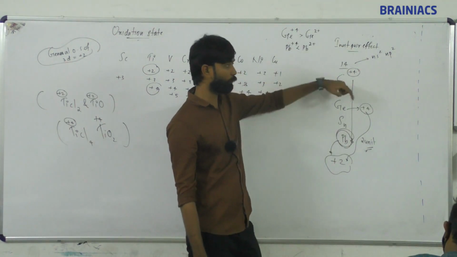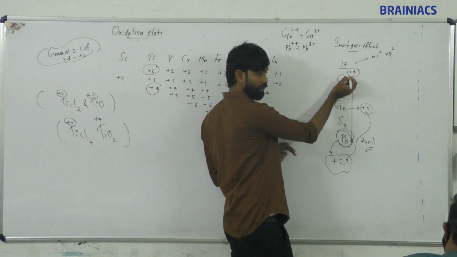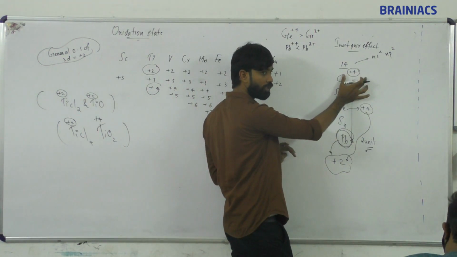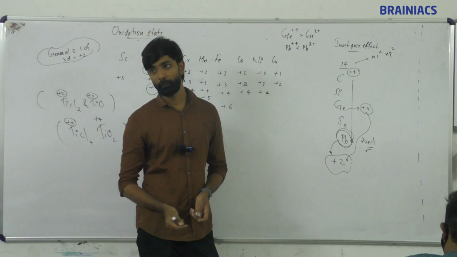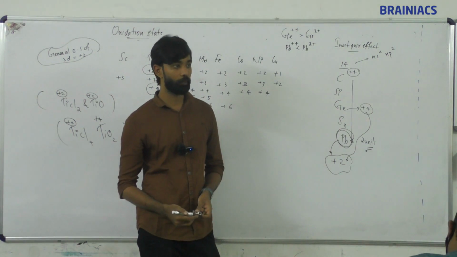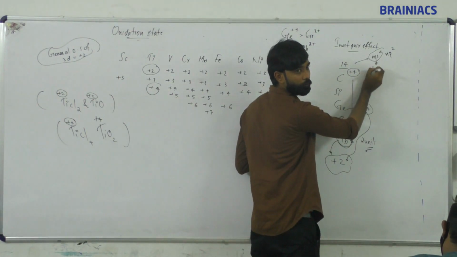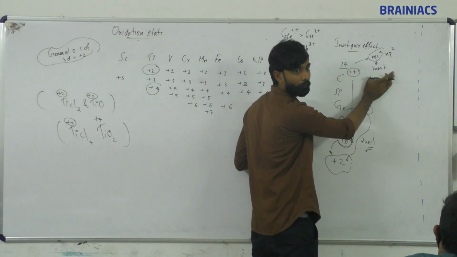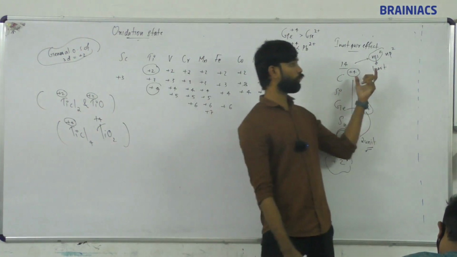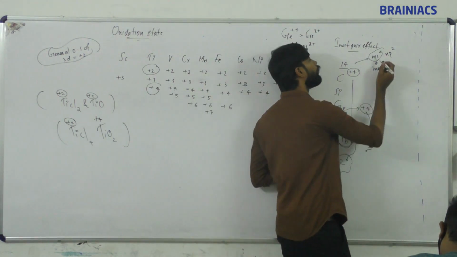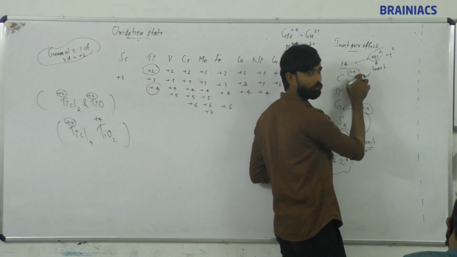On moving down the group in the case of p block elements, the tendency to show the group oxidation state decreases, and they readily show an oxidation state which is 2 units less than the group oxidation state, and that is said to be the inert pair effect, where these two electrons become inert. Inert means they do not participate as valence electrons.